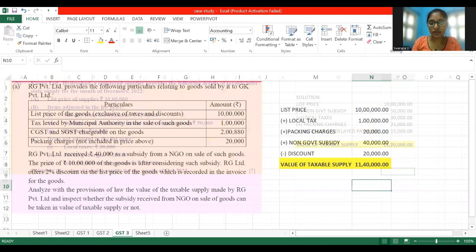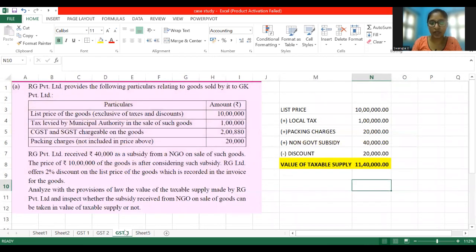But in the second question that we attempted relating to value of taxable supply, the discount part is given separately. It is not adjusted in this 10 lakh. So we had to reduce it manually to arrive at the value of taxable supply. So we need to read the question properly and see what they have given, whether it is already adjusted or it is not adjusted, and then accordingly approach the question. So reading the question also is very important.